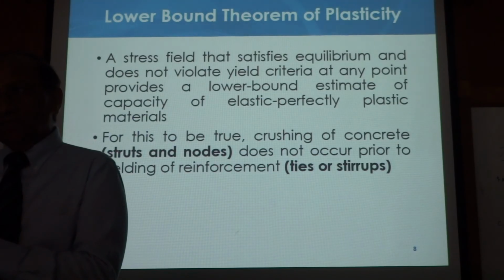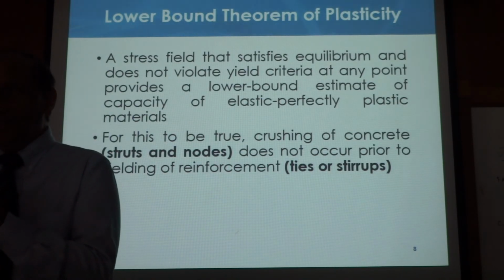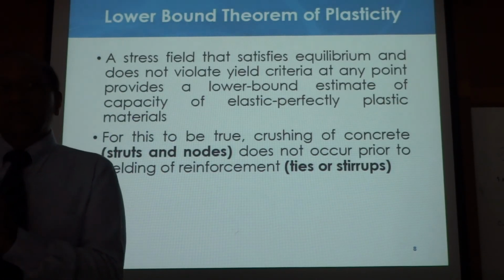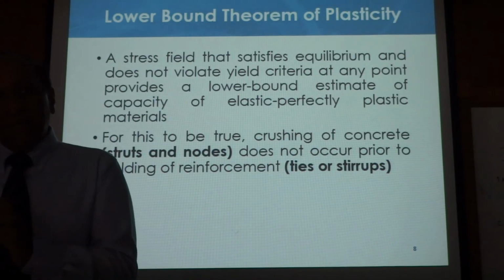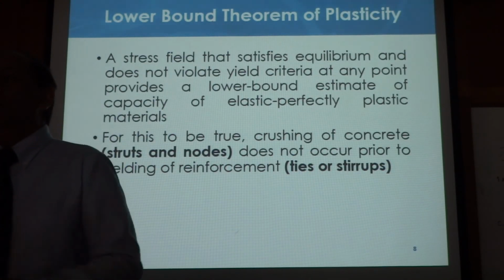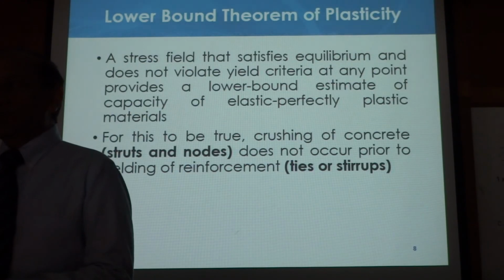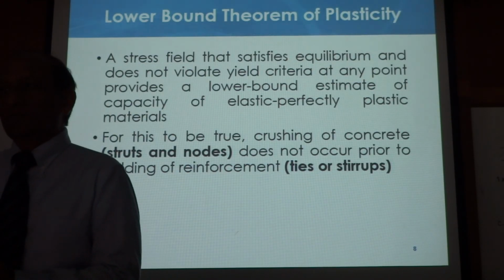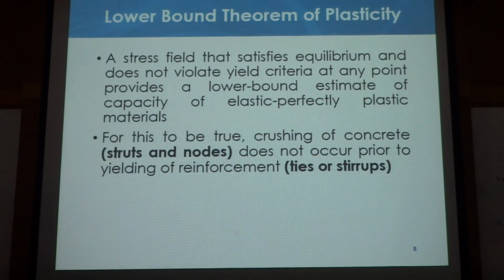If you calculate something based on the failure of a certain location, in reality the actual capacity will always be larger than that. So this is always going to be smaller. A stress field that satisfies equilibrium and does not violate the yield criteria at any point provides a lower bound estimate of the capacity.